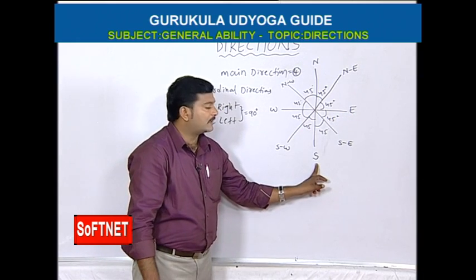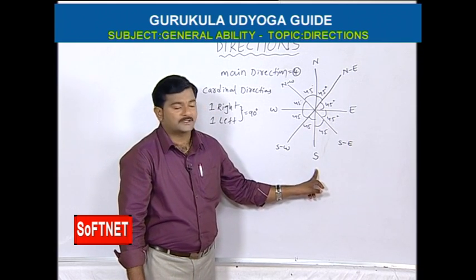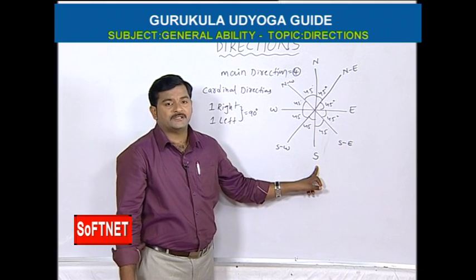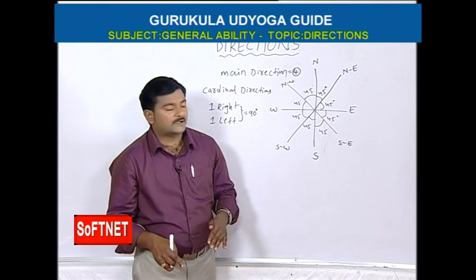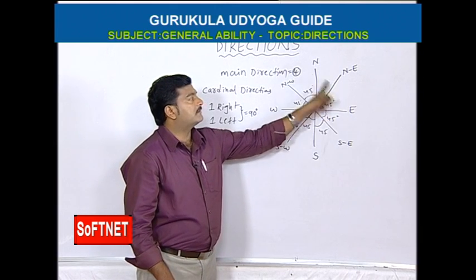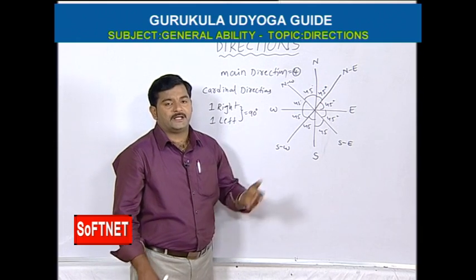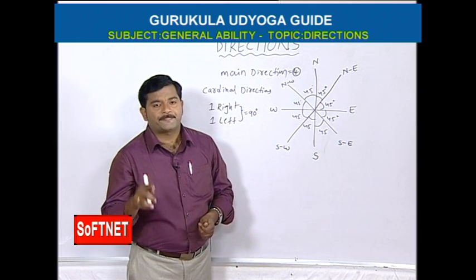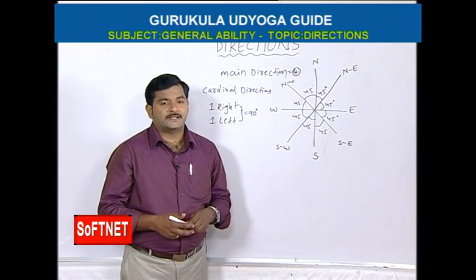Now what will we get? South direction. So how did east change? It changed to south. The angle between these two is 90 degrees. Or else we can say he turned one left, which means north direction. So indirectly, one right turn or one left turn is equal to 90 degrees.